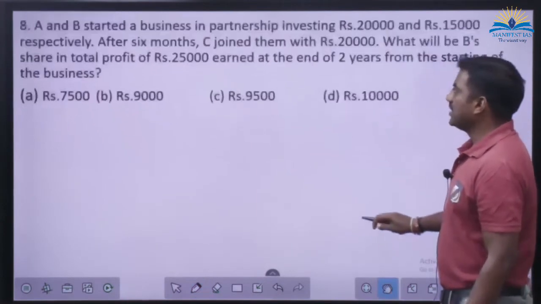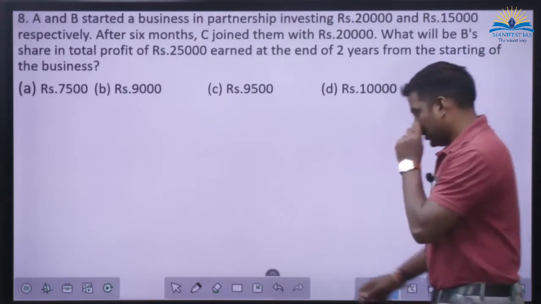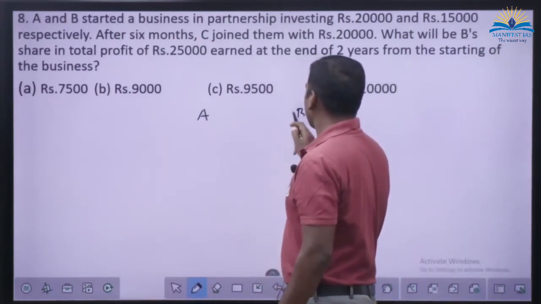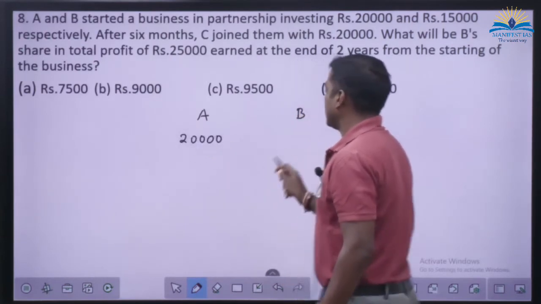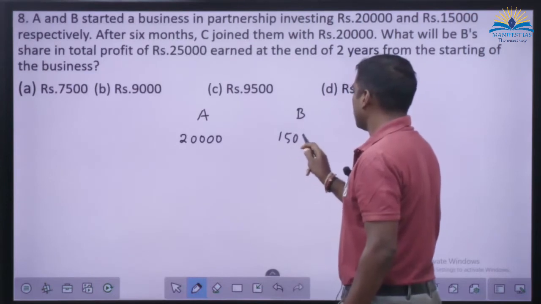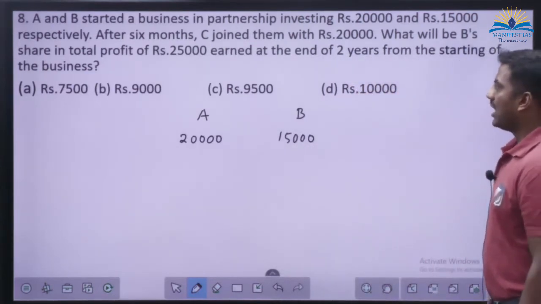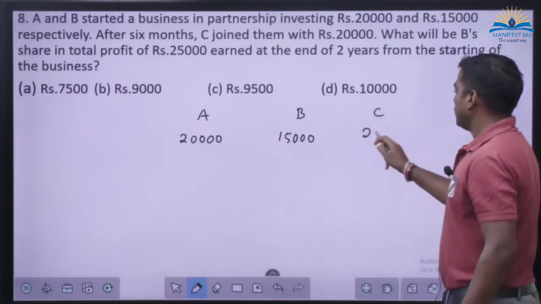A and B started a business, investing 20,000, 50,000 respectively. A here, B here, 20,000. Then 15,000 here. Respectively, after 6 months, C joined them with 20,000.